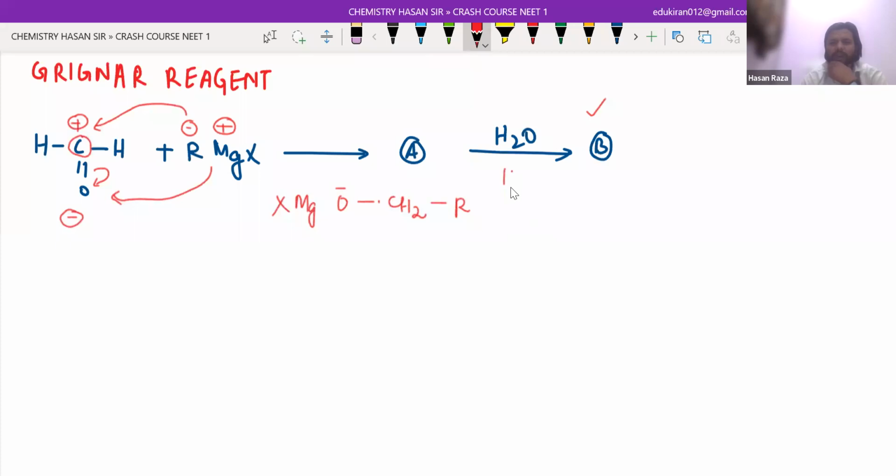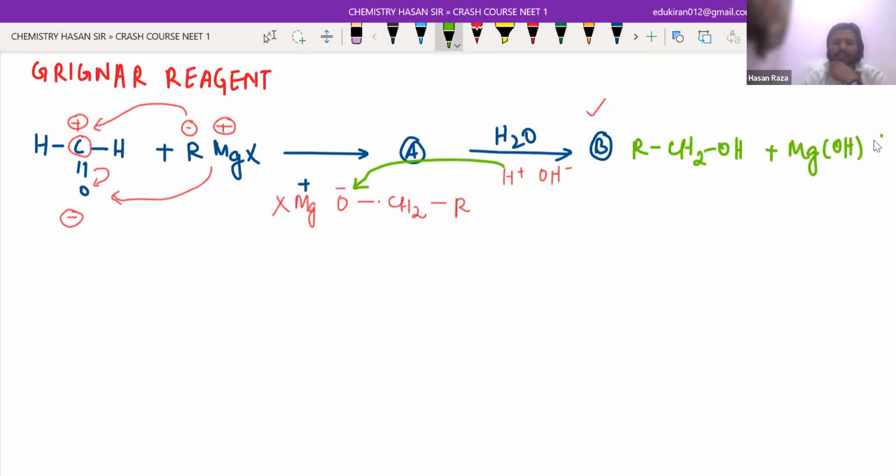And if you are going to do the hydrolysis, H plus and OH minus, you know this will have plus. So this positive will go to the negative and you will be getting RCH2OH. And the byproduct will be MgOHX. So this is your 1 degree alcohol.